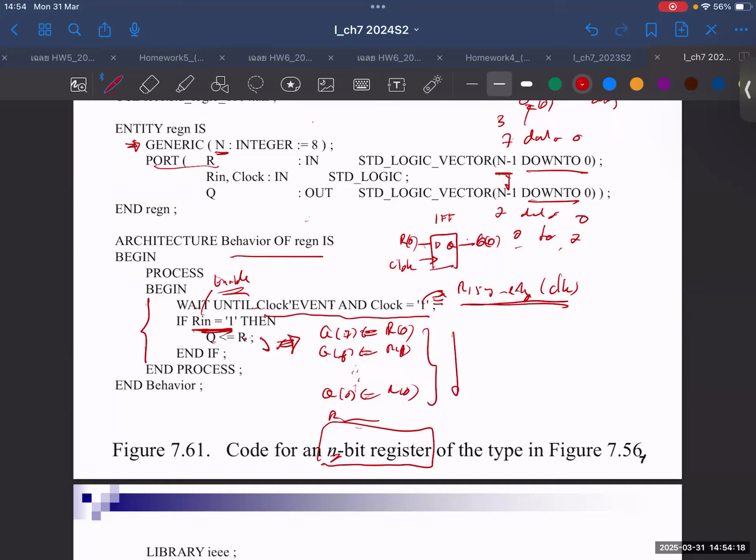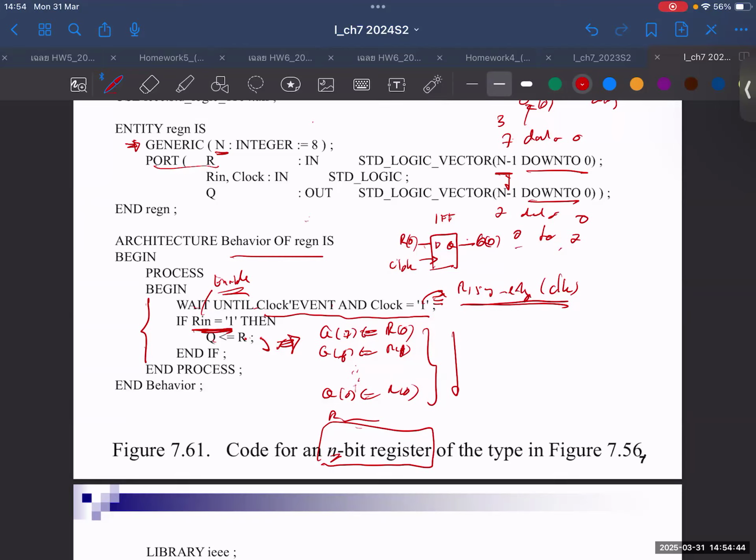As you can see, it doesn't tell you what to do when RIN is not 1. It says that if RIN is 1, then you transfer R to Q. But what happened if RIN is not 1? This is the basic idea of VHDL. What do you think? What happened?